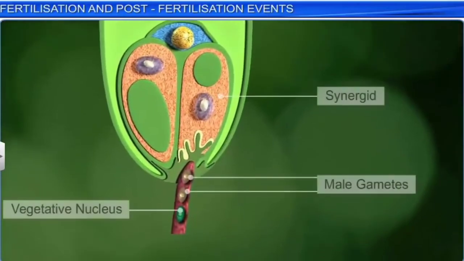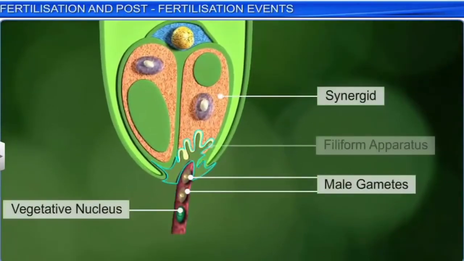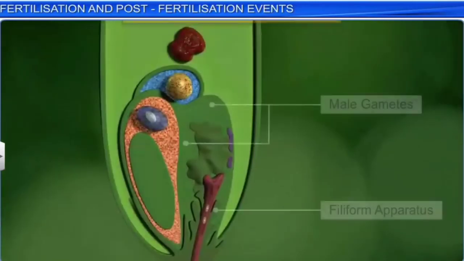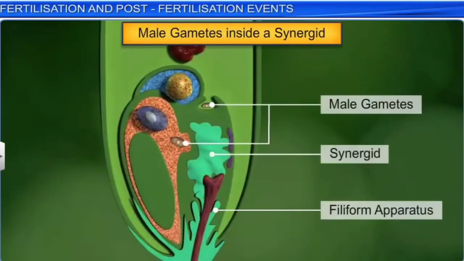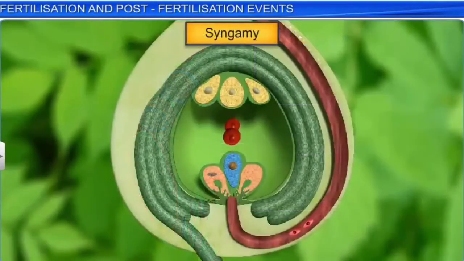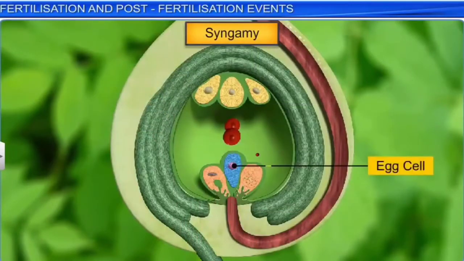The pollen tube now enters one of the synergids through the filiform apparatus, during which it ruptures and releases the male gametes into the synergid's cytoplasm. Of the 2 male gametes, one enters the egg cell and fuses with its nucleus.